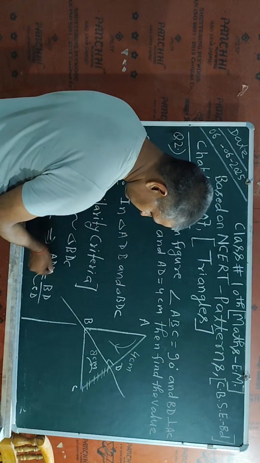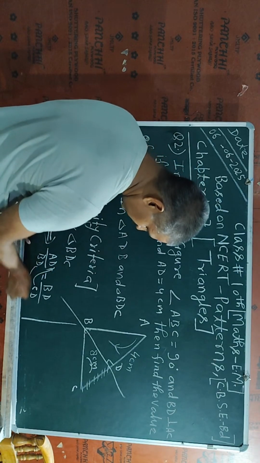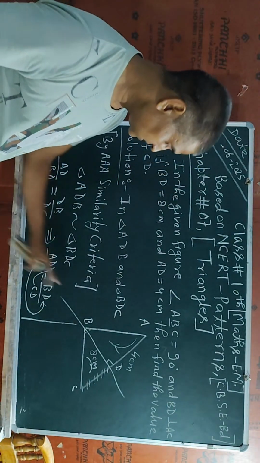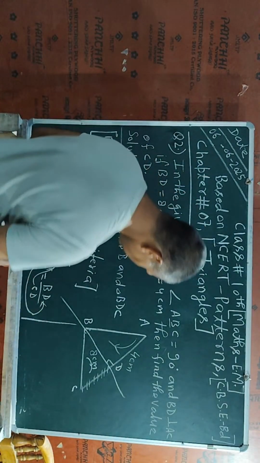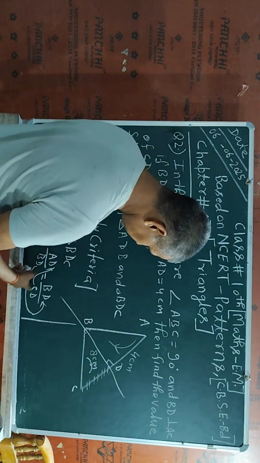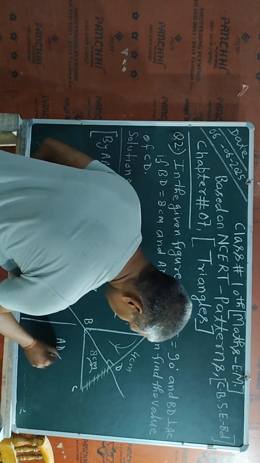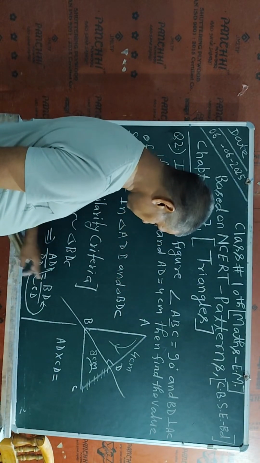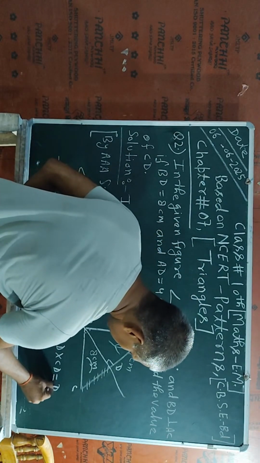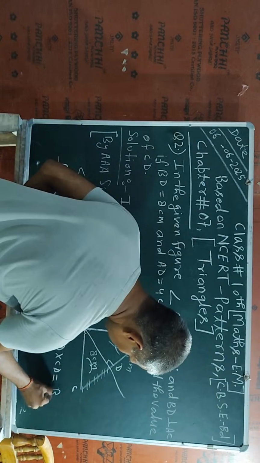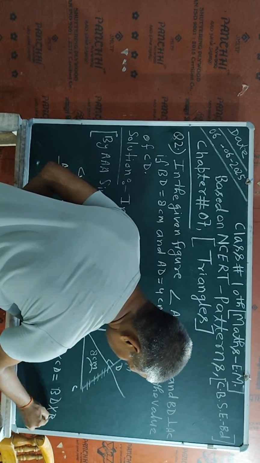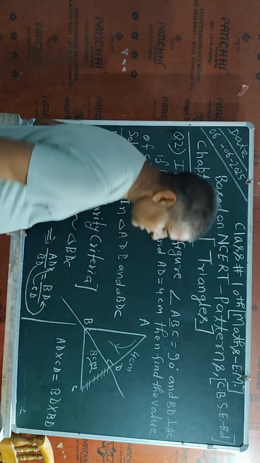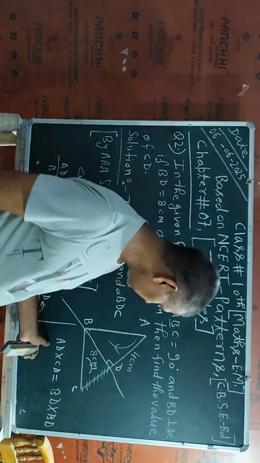I will multiply with this, and also I will multiply with this. After doing cross multiplication, I will get AD into CD equals BD square, which is BD into BD. So I will substitute here the values of AD and BD.